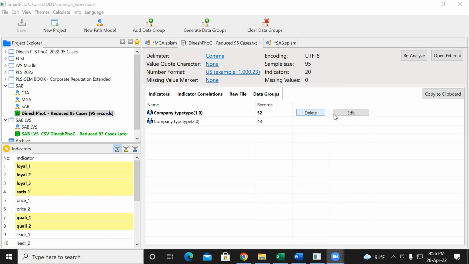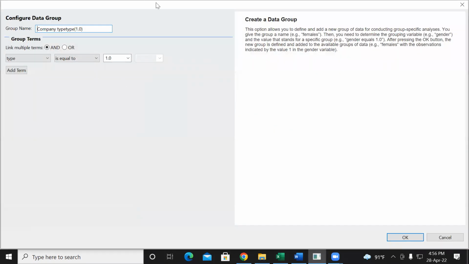You can see. If you want, you can go to edit here and give some labels as you want. Company type, sometimes you can give here no profit. That is selected, right? Type equal to 1. That is, I have indicated earlier. That's why it's there, right?